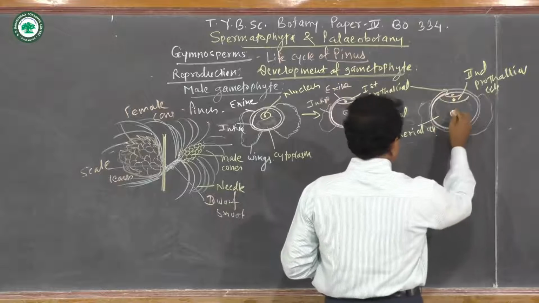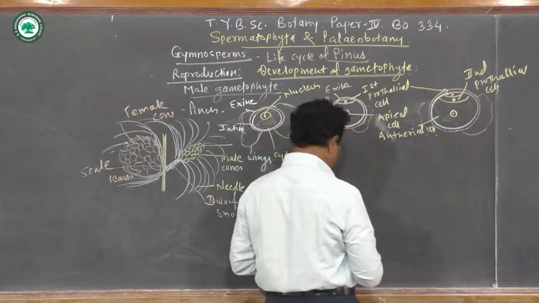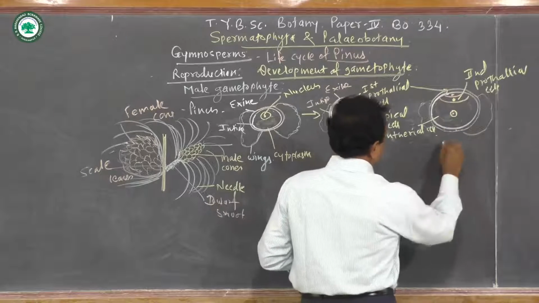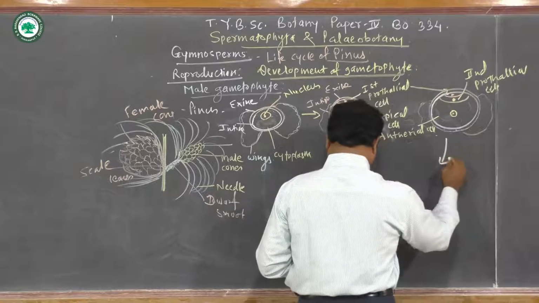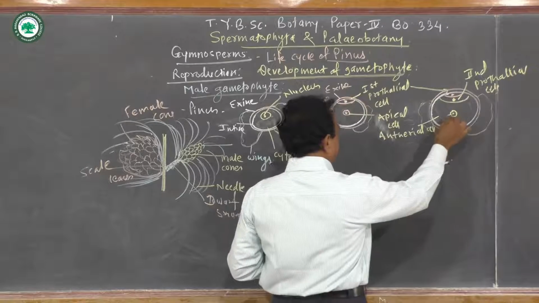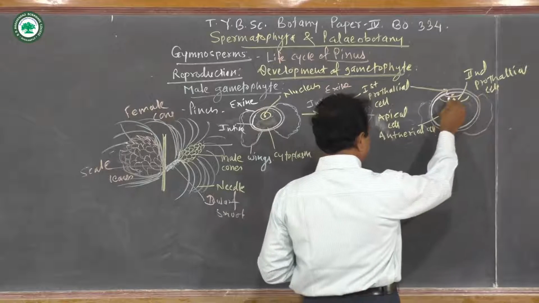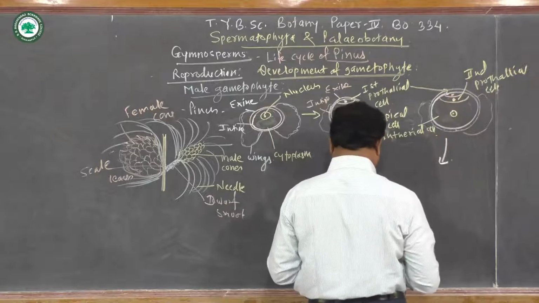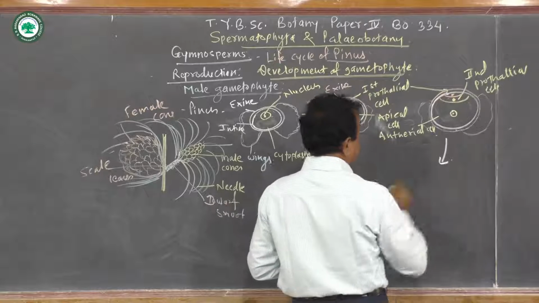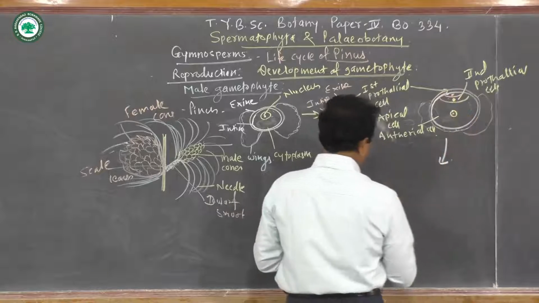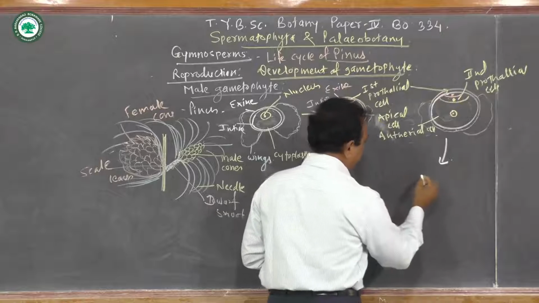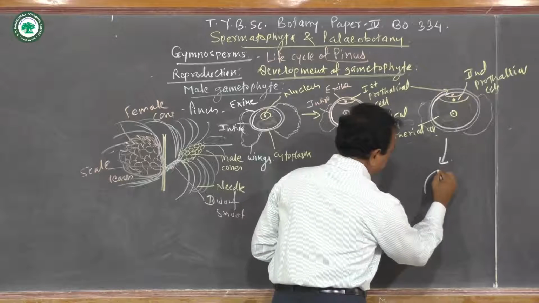Later on in the next development, this first prothallial cell and this second prothallial cell degenerate, and this antheridial cell again divides.